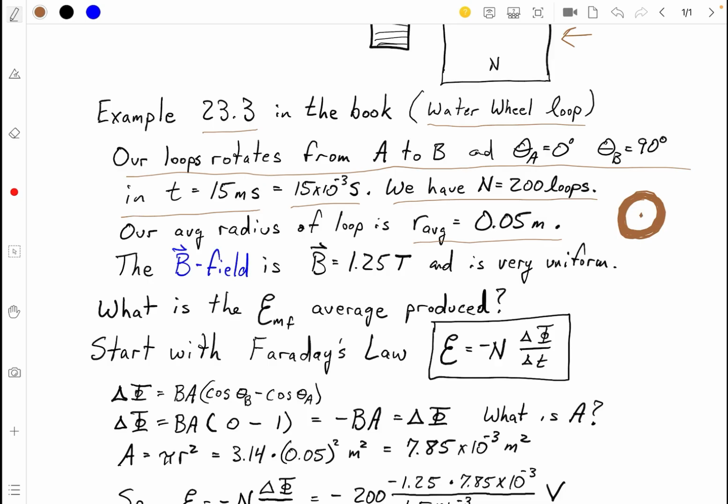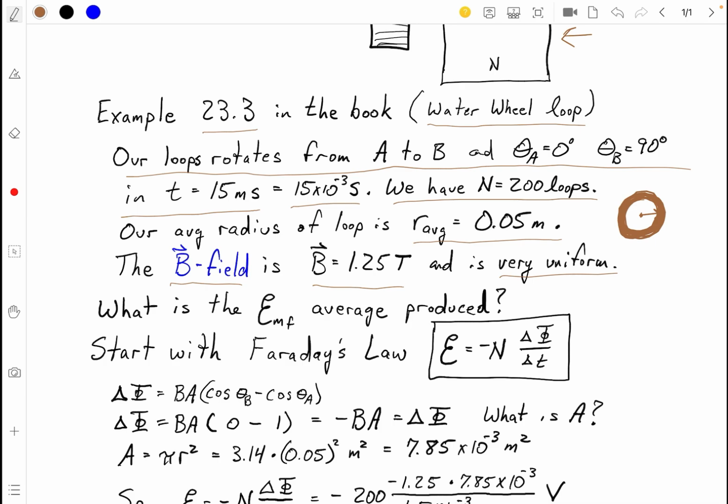So our average is 0.05 meters. The B field is constant, and very uniform. So what is the average EMF produced?